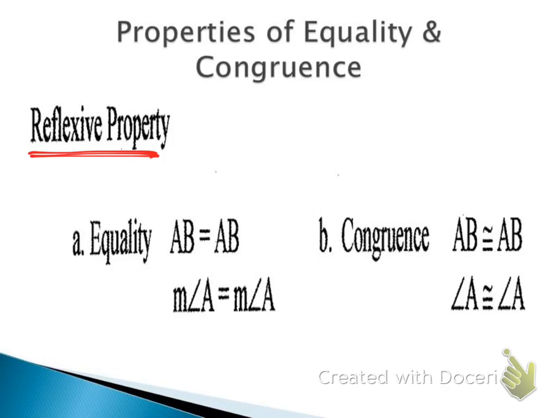The reflexive property states that anything is equal to itself. So the length of AB is equal to the length of AB. For congruence, it's very similar, except this time we're talking about objects being congruent, which means that these ABs here should have the bar over the top of them. Segment AB is congruent to segment AB. The reflexive property is the easiest one. Anything is equal or congruent to itself.